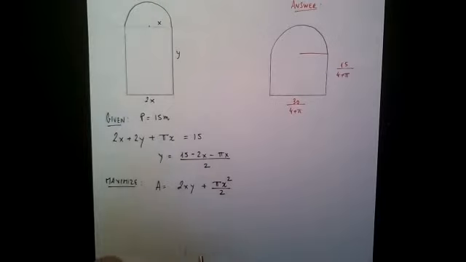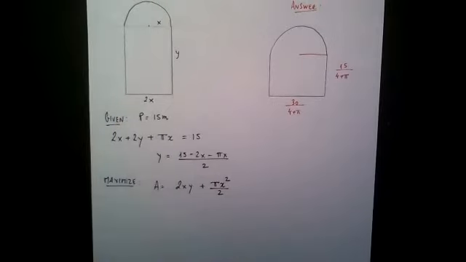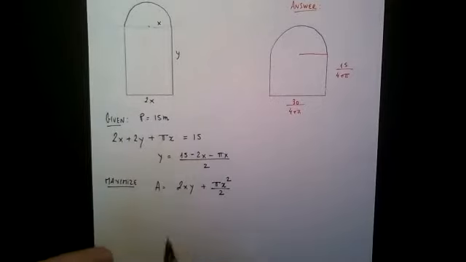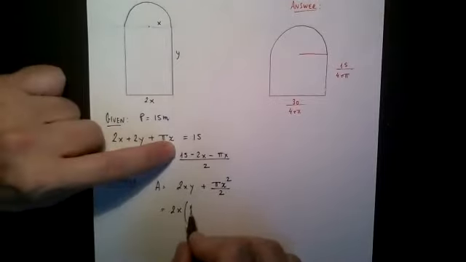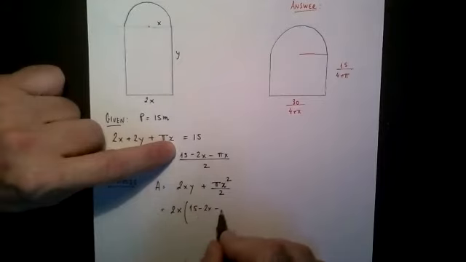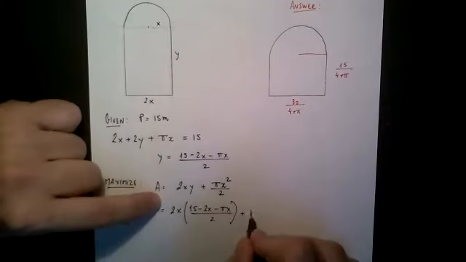Okay, let's keep going. So now what do I do? Tell me, what do I do now? You replace y by this. Very good. So A will be 2 times x times y, but y is this expression, so 15 minus 2x minus pi x over 2, and then plus pi x squared over 2.